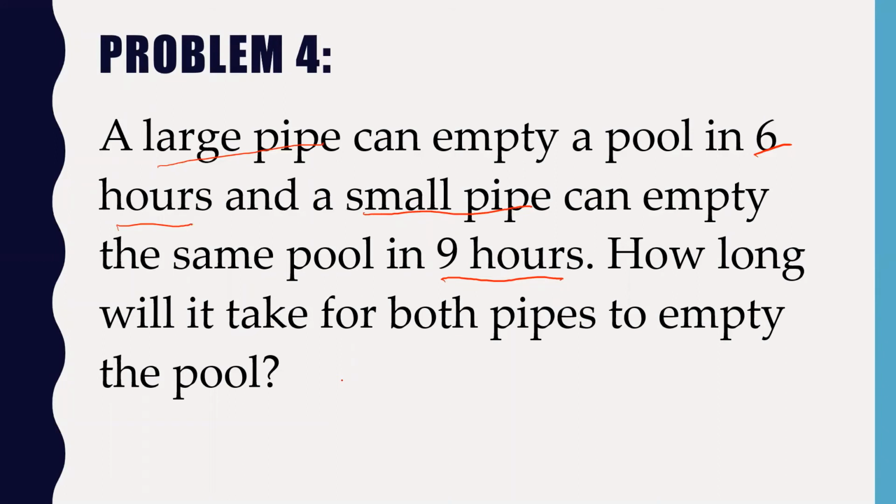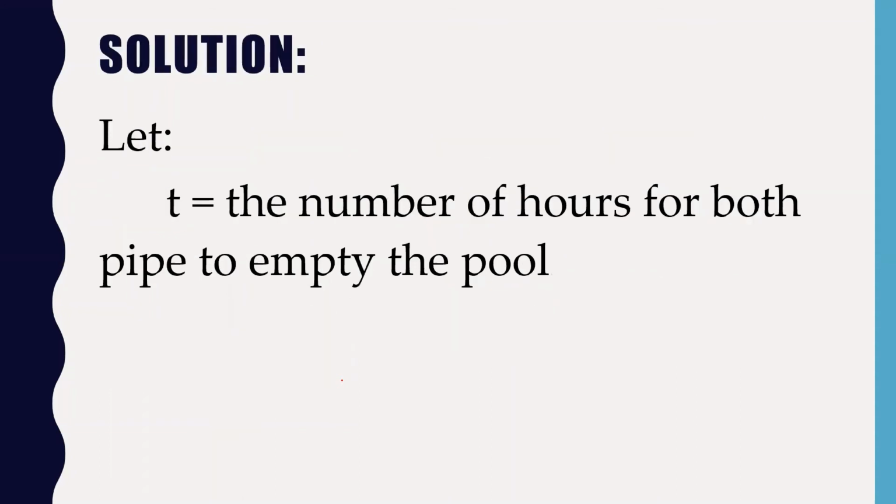Ano ba yung hinahanap? Of course, since we are looking for the time together, how long, so we are looking for the time. So we will let T be the number of hours for both pipes to empty the pool.